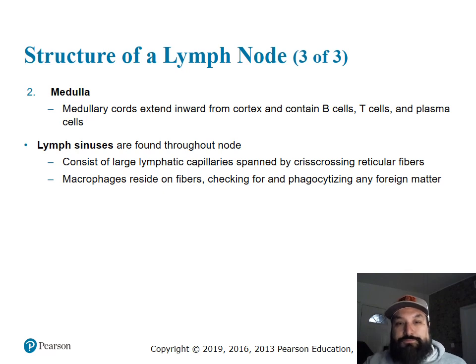The medulla is deeper into the lymph node itself. You're going to have B cells, T cells, and what the B cells turn into, which we call plasma cells. Don't forget from previously, we talked about how the B cells form plasma cells, and those plasma cells synthesize and secrete the antibodies.